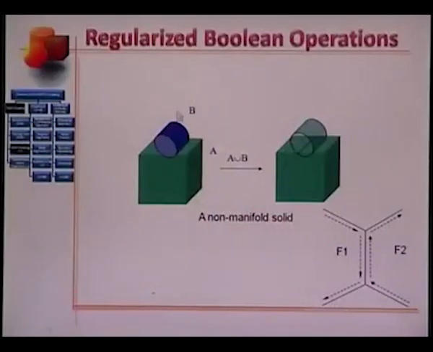Let's take a look at the union example here. Block A, cylinder B. If we compute the union, we'll have a common edge between the cylinder and the block. We know that it's a non-manifold solid.